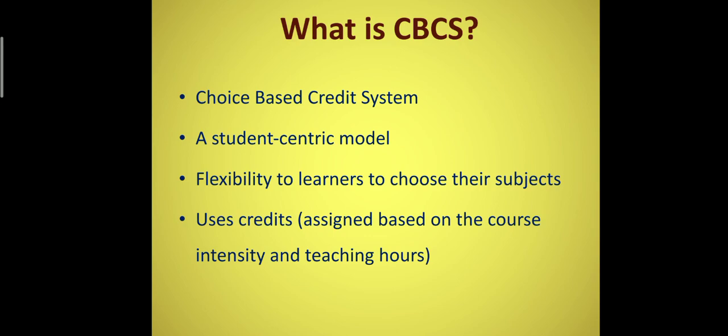What is choice based? Now what is the credit system? Credits are assigned numbers of weightage. Okay, these credits are assigned based on what? The course intensity, how heavy the course is, and the teaching hours required for finishing the content. How much content is in a unit, how deep the content is, and how many teaching hours are required to complete it on an average.